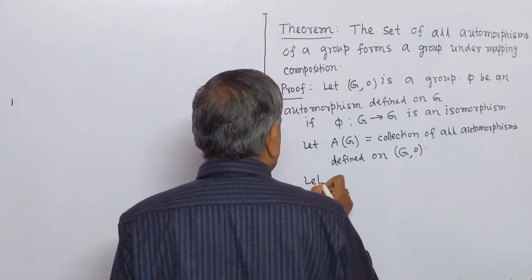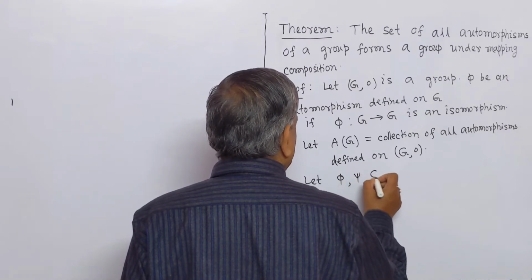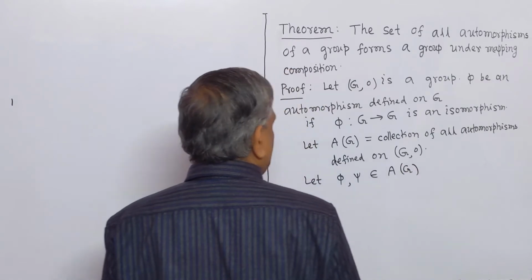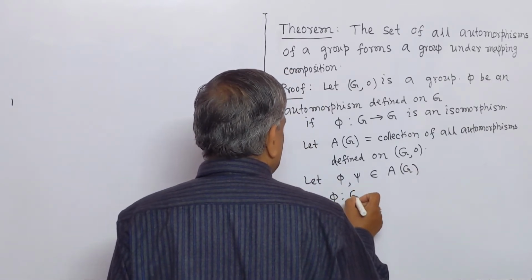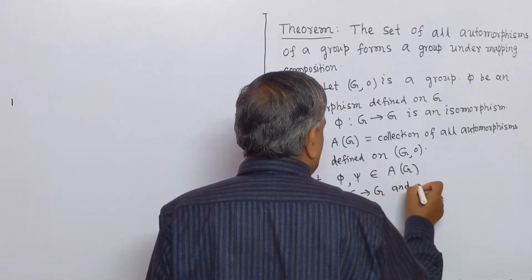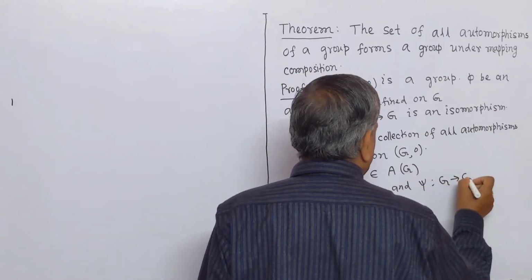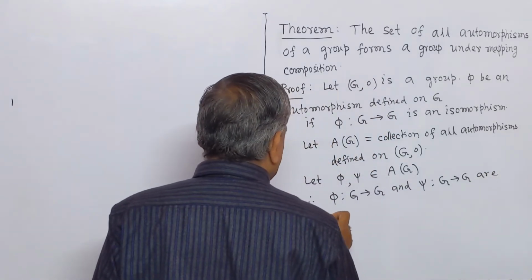Let phi and psi belong to AG. Therefore, phi defined on G into G and psi defined on G into G are automorphisms.